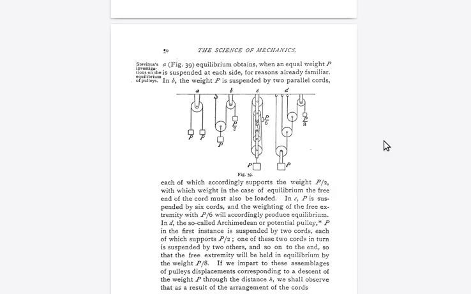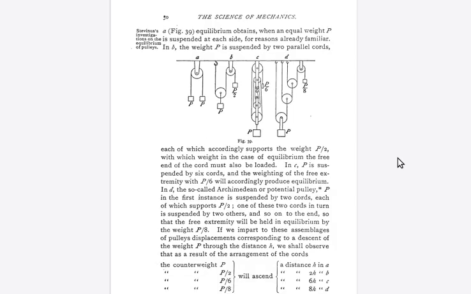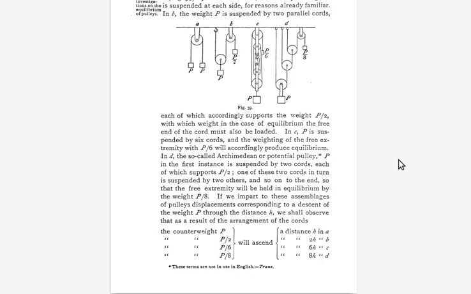In C, P is suspended by 6 cords, and the weighting of the free extremity with P over 6 will accordingly produce equilibrium. In D, the so-called Archimedean or potential pulley, P in the first instance is suspended by 2 cords, each of which supports P over 2. One of these 2 cords in turn is suspended by 2 others, and so on to the end, so that the free extremity will be held in equilibrium by the weight P over 8.